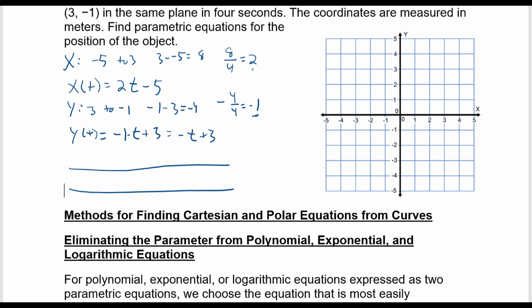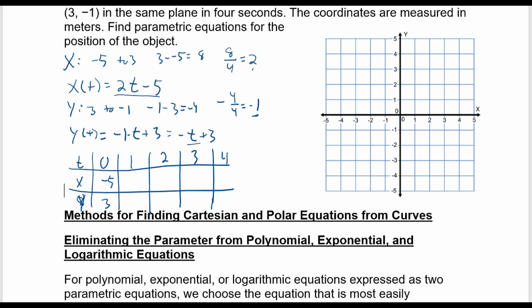T, x, and y. We'll do times 0, 1, 2, 3, and 4 using these equations. So at 0, it's -5, and this starts at 3.